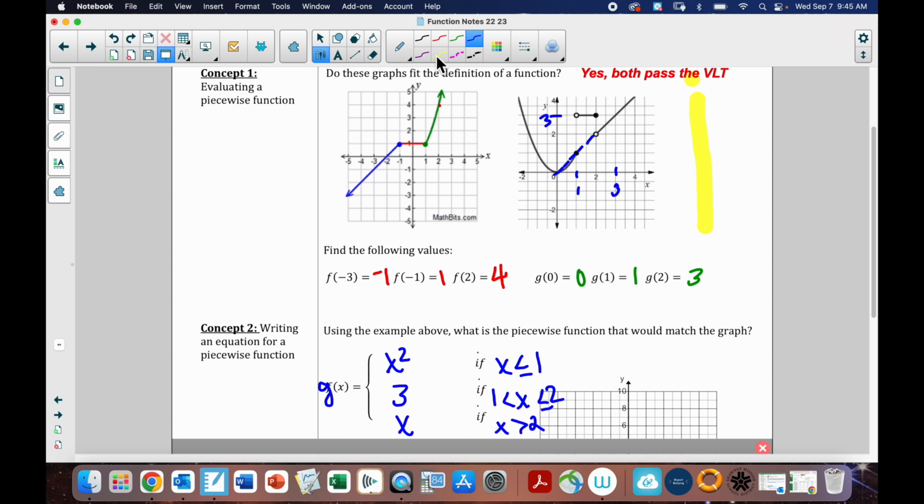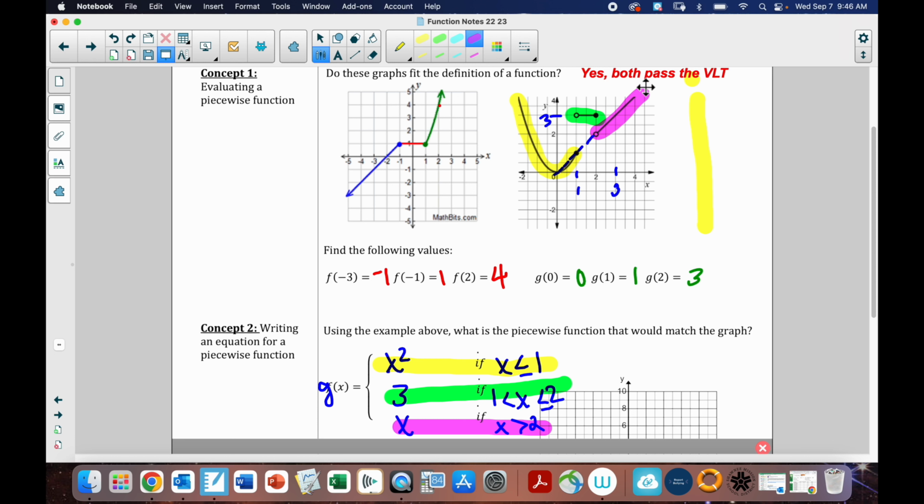Okay, so let's just take a look at the 3 sections. So our 3 sections, it's x squared, that's a parabola, when x is less than or equal to 1. It's 3, this flat line is y equals 3, when x is between 1 and 2, including 2 but not including 1.